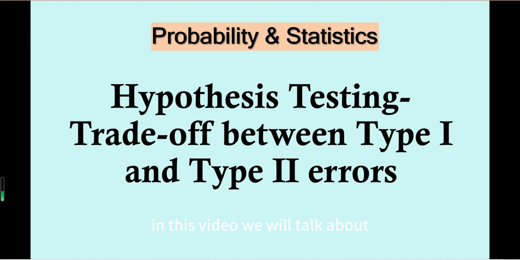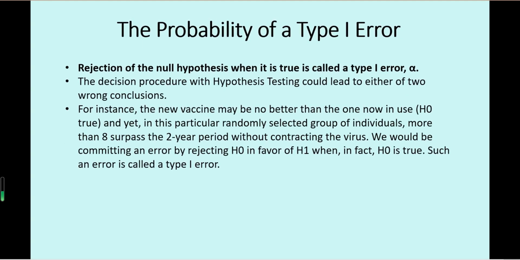In this video, we will talk about the trade-off between type 1 and type 2 errors in hypothesis testing. Type 1 error is the probability of rejecting a null hypothesis when the null hypothesis is actually true.